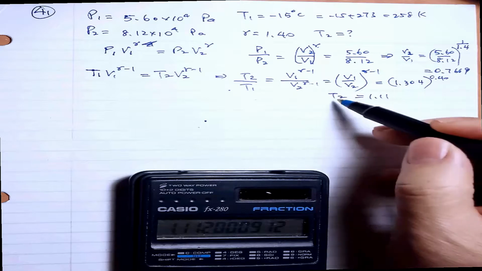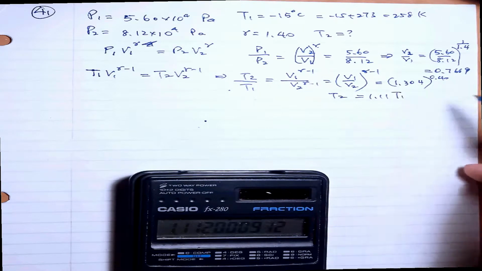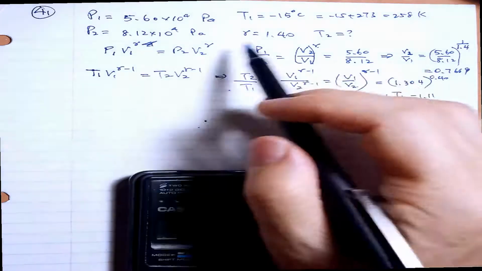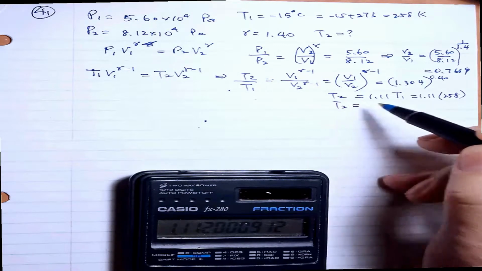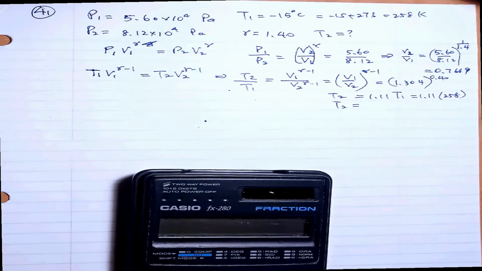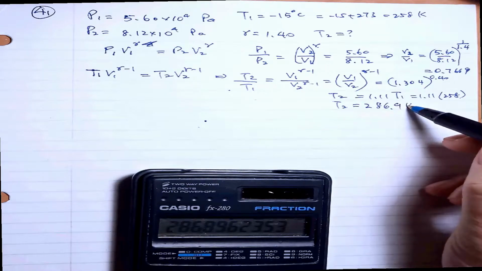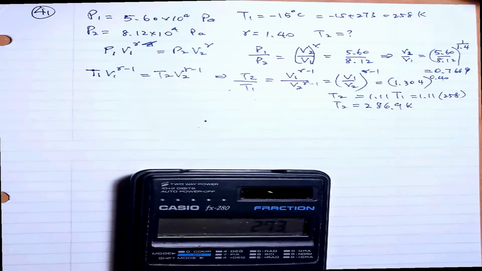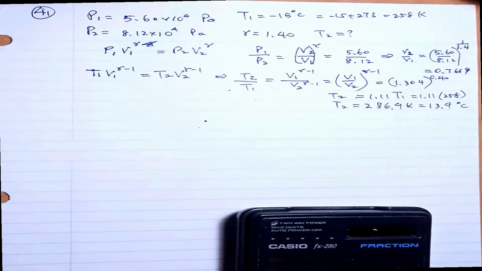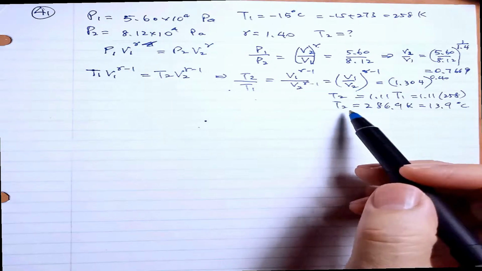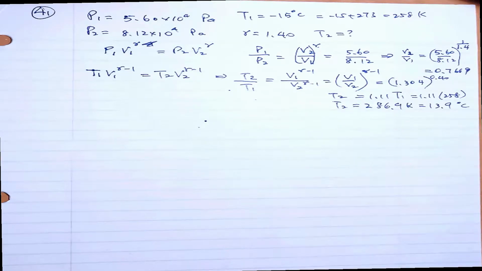So this number raised to the power of 0.4, I get 1.11. That means T2 over T1 is 1.11, or T2 equals 1.11 times T1. And T1 is 258 Kelvin. So if you multiply the two, you get 286.9 Kelvin, which is the same as 13.9 degrees Celsius. So the temperature of the wind that's being brought down is 13.9 degrees Celsius.